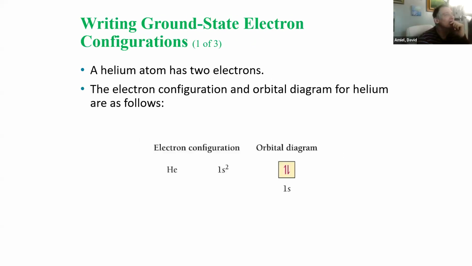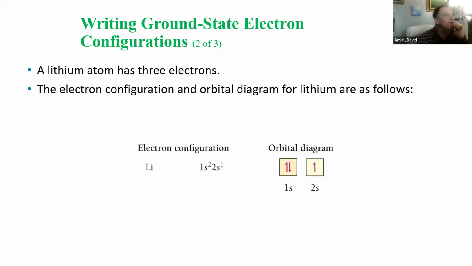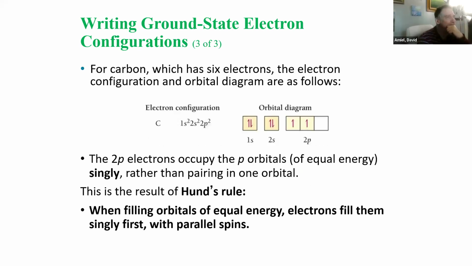Okay, so here's the orbital diagram for helium, the orbital diagram for lithium. This is what we just did out. Here is carbon here. Notice Hund's rule. You don't put the second electron spin down into the px orbital.